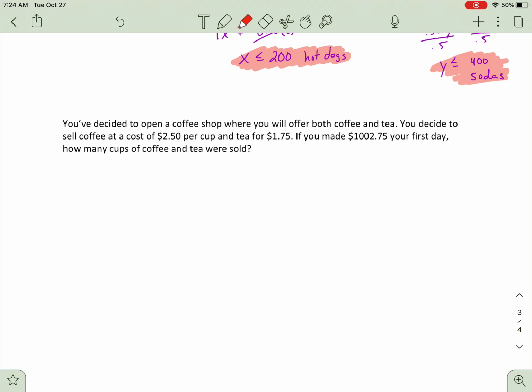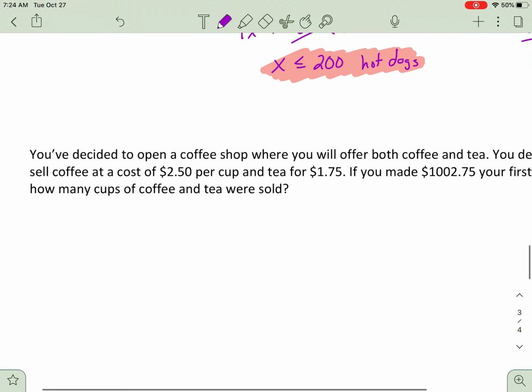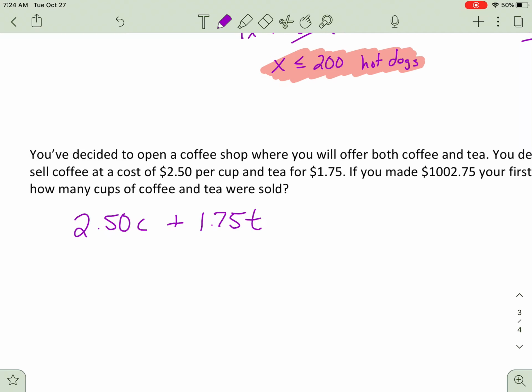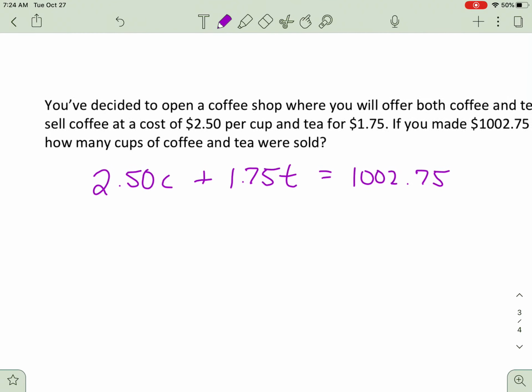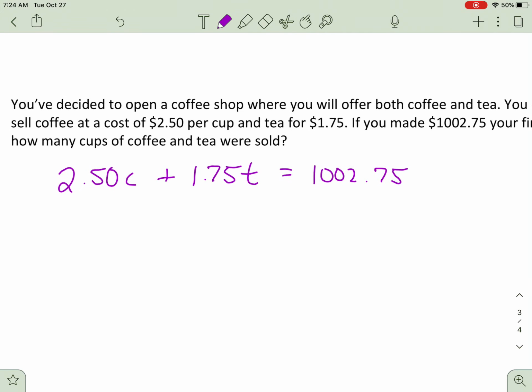All right, last one. You decide to open a coffee shop where you offer both coffee and tea. You decide to sell coffee at a cost of $2.50 per cup, and tea for $1.75. If you made $1,002.75 your first day, how many cups of coffee and tea were sold? Okay, what it means by that is what is the maximum?